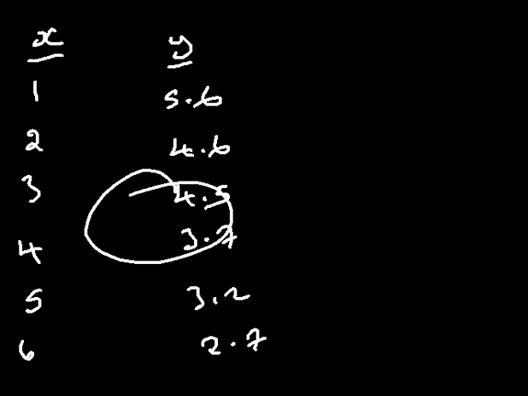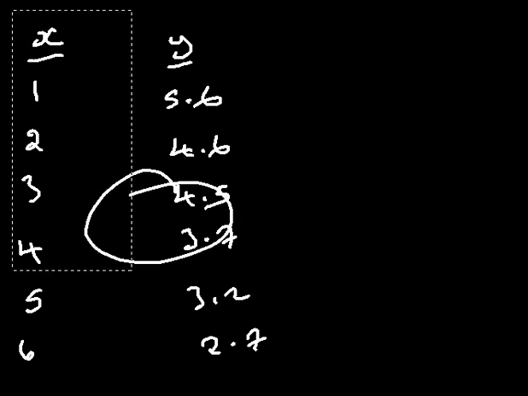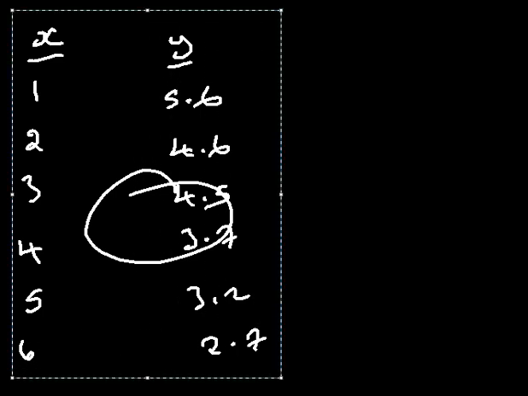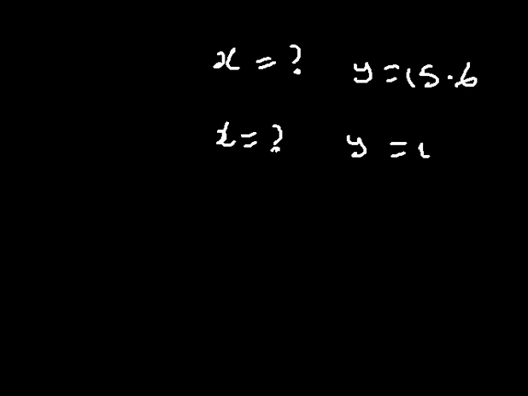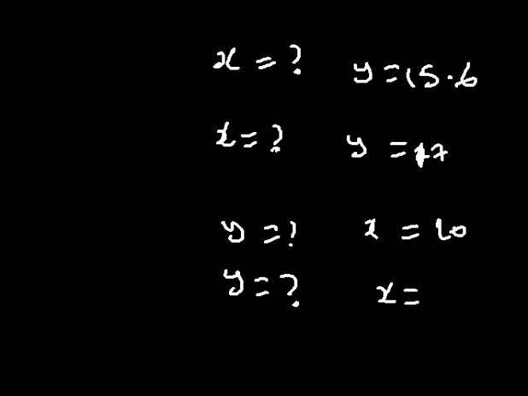So try to have the equation of the regression line, and from there you should have the value of x when y is given as 15.6. We should also have the value of x when y is given as, let's say, 17, and I also should have the value of y when x is given as 10, and also the value of y when x is given as 15. So try to have that.